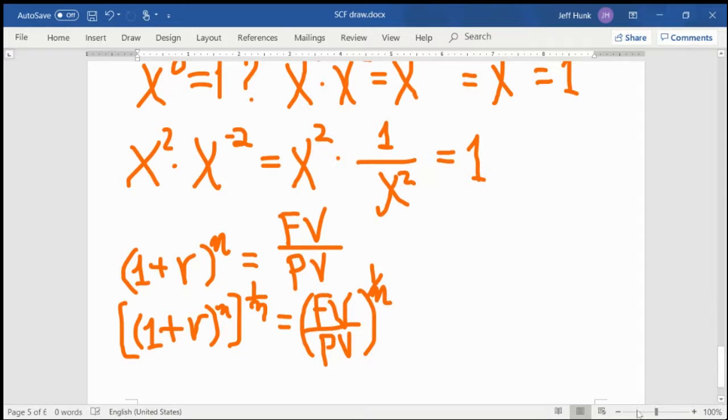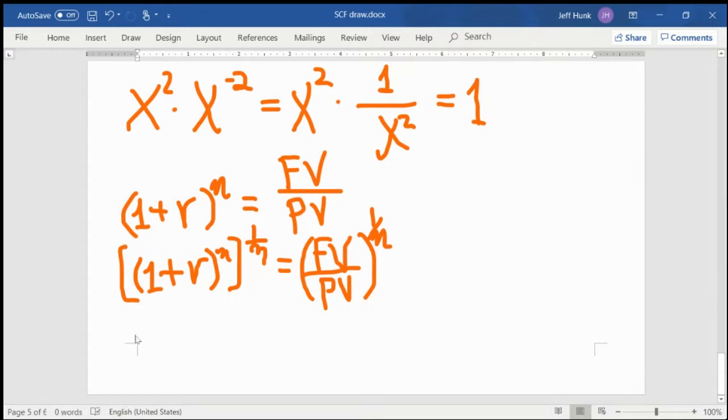Makes sense? Then what's going to happen to the left-hand side? n and 1 over n will cancel out. This is not a difficult thing, but whatever is in the parenthesis, I'm not going to rewrite it.